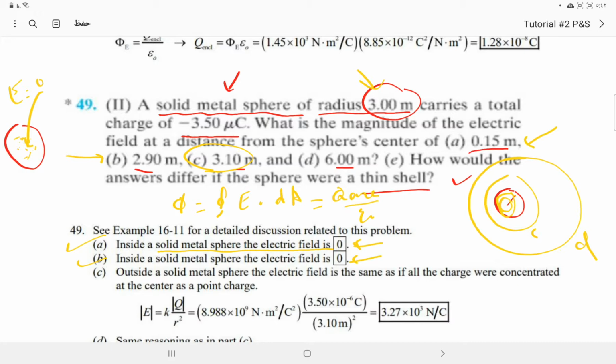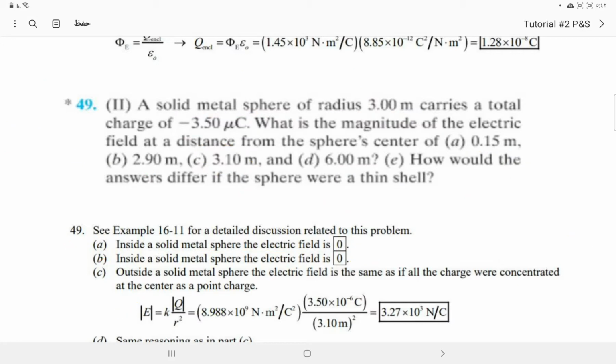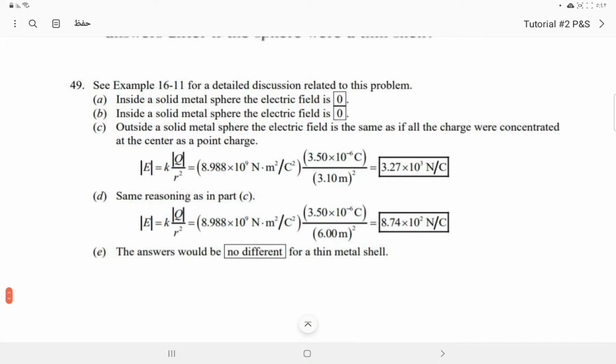Okay, we have the law and the relation. The relation is this one. We got it actually last time, yes? So we know from previous that electric field equals kQ over R squared. And this is actually like a point charge.